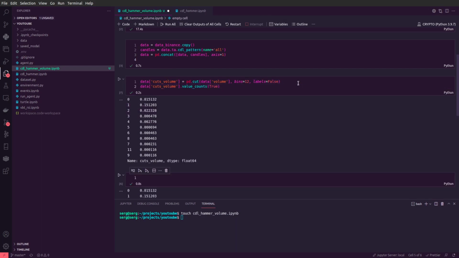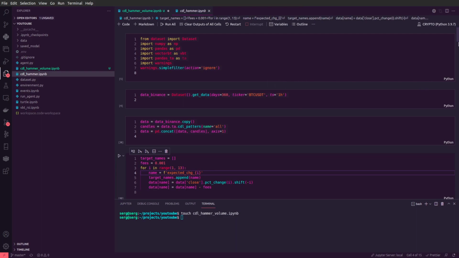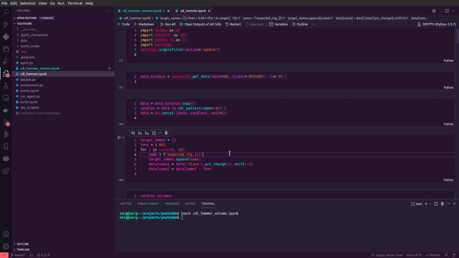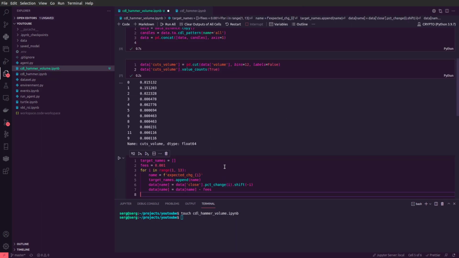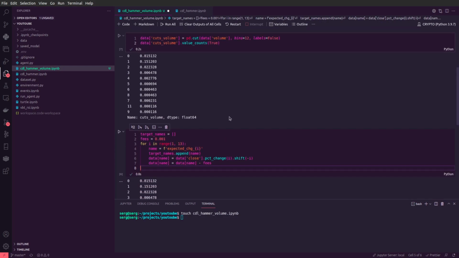Next, we also need to create target variables. We need to copy and paste this code, and very important, we need to subtract our commission from the exchange. I would like to get target variables from 1 hour to 12 hours.